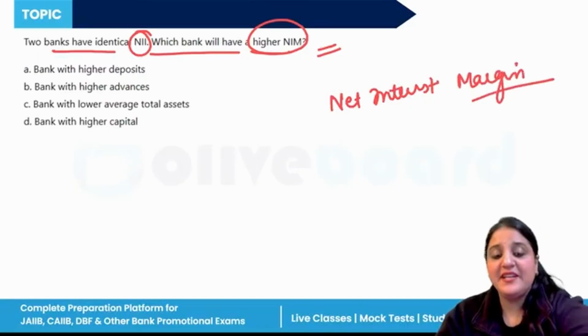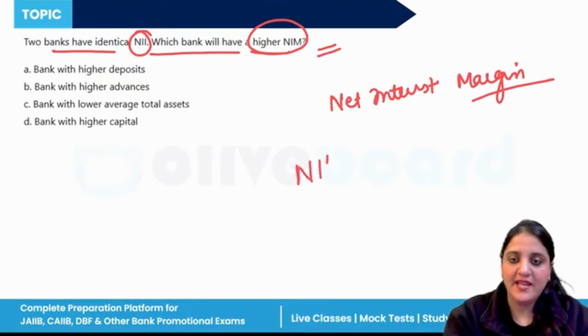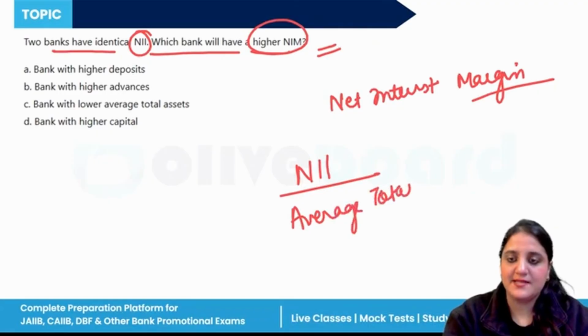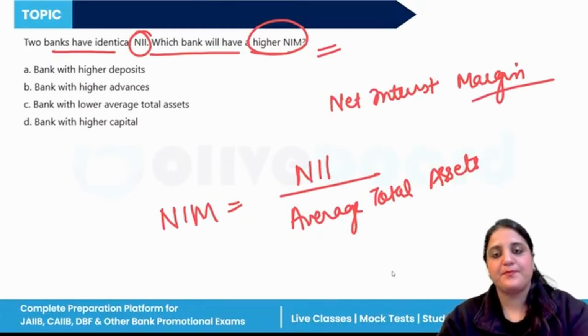NIM is net interest margin, and basically it is calculated as NII divided by average total assets.